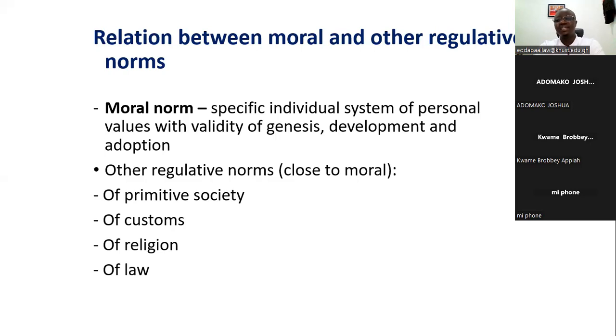And we are saying that the origins of those values you have, they have some way of being validated. So maybe most of us subscribe to one religion or another. Maybe you are a Christian. So in terms of personal values, it will definitely be what Christianity has decreed as good or bad.